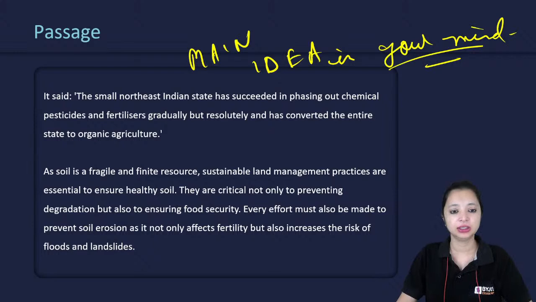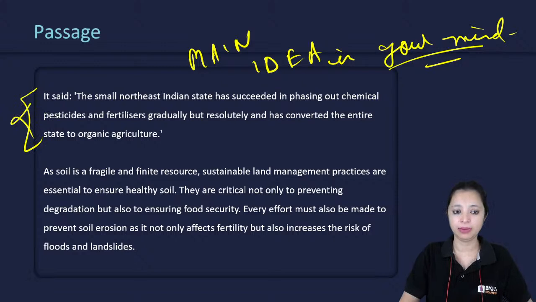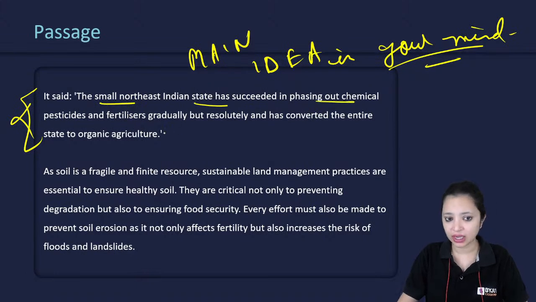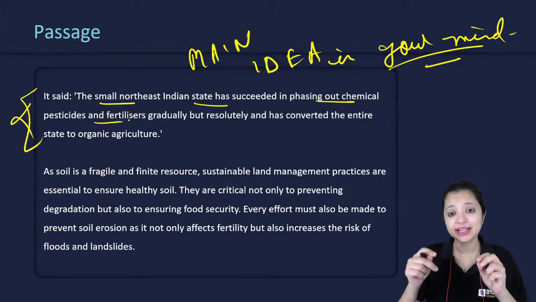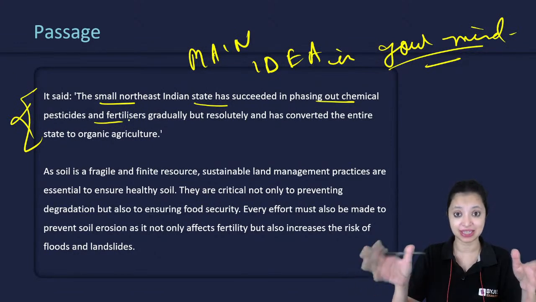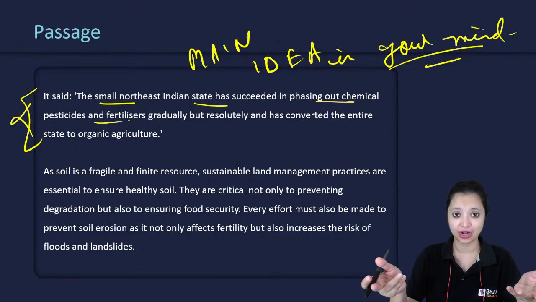Rather, the whole second paragraph, the last three lines, exactly. See, this is useless, I mean, useless in terms of understanding the passage. Small northeastern states must have done that. What have they done? It's a reiteration of what the author suggests you to do. And he gives you an example of what the northeastern states have done, and we need to follow their track.